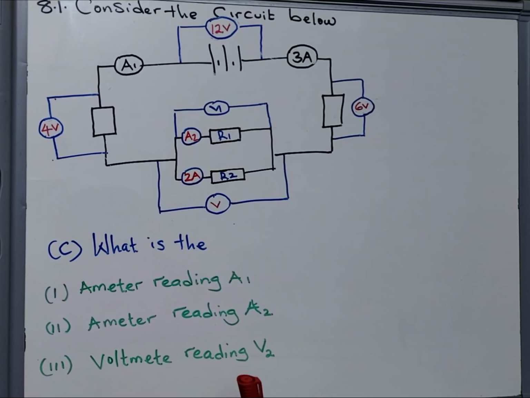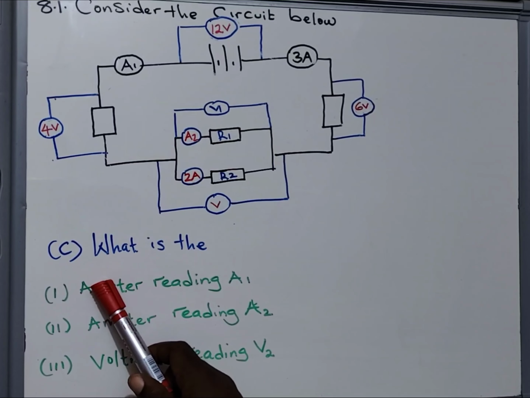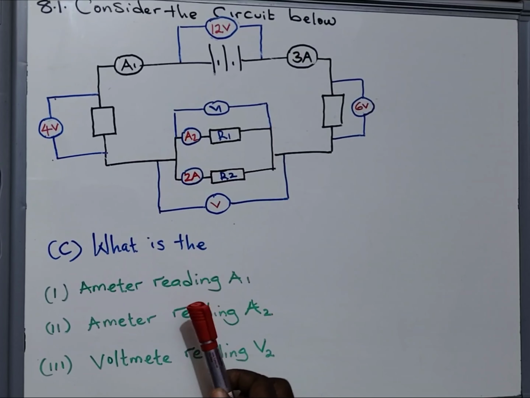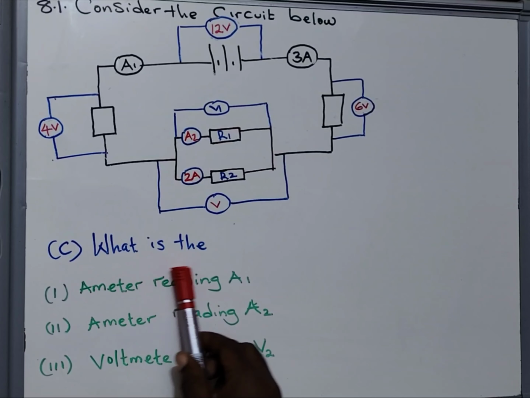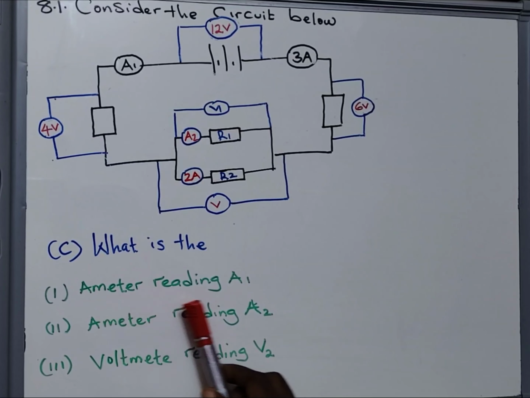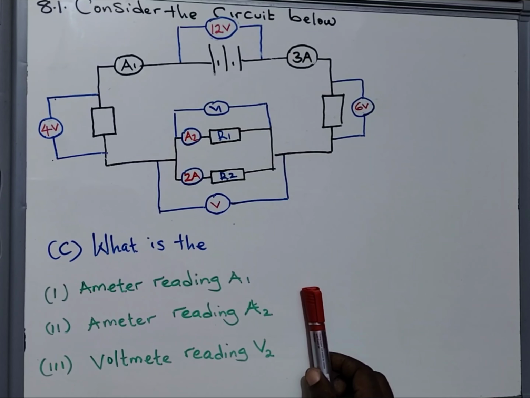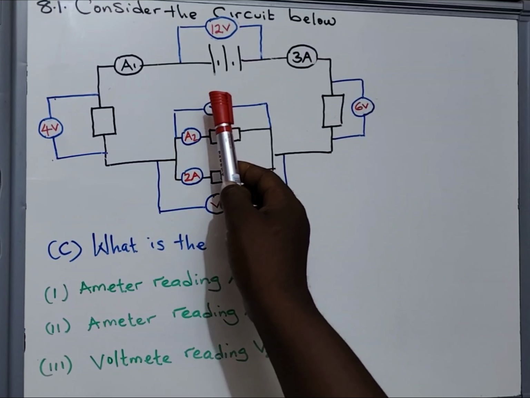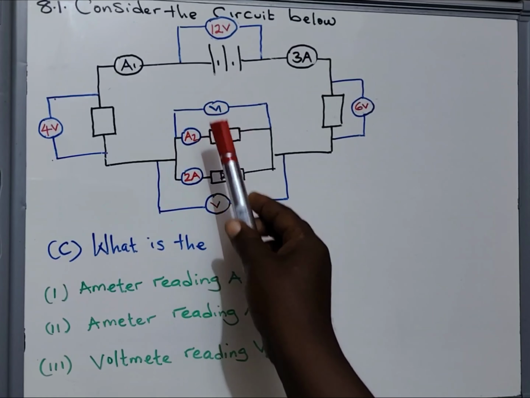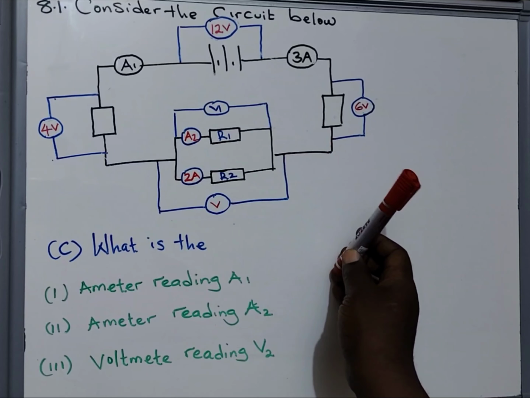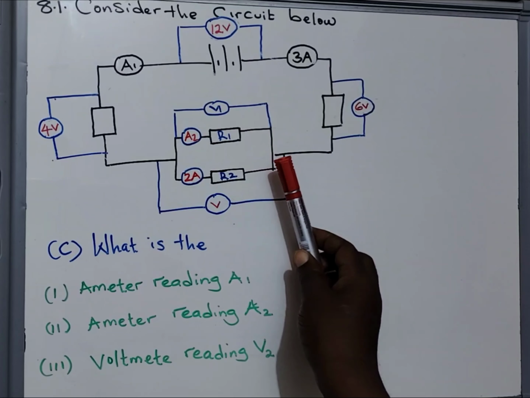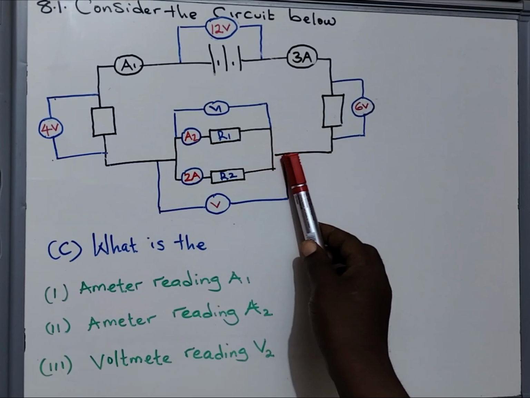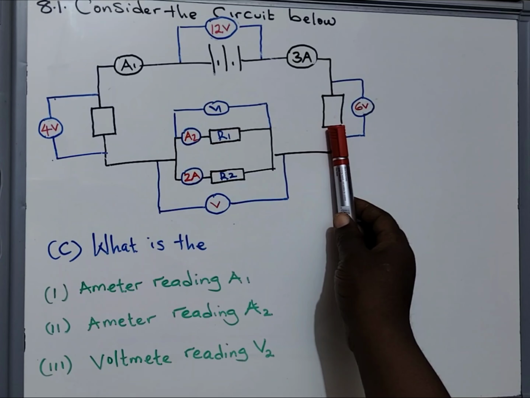Yes. So then comes this question. It says, what is the ammeter reading A1? This happens to be our A1. So to determine the reading, you have to make a follow-up of the current. Okay, let's start from here. Current flows here.